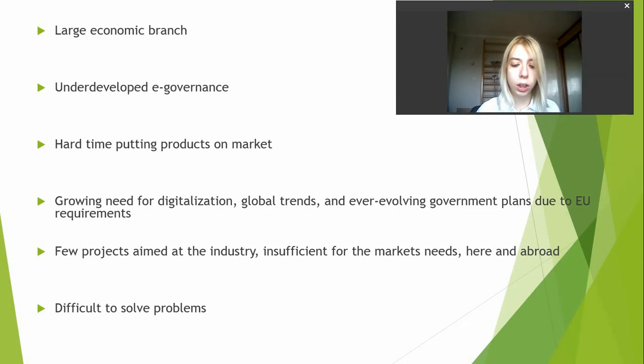Generally, agriculture is a very large economic branch. It is very underdeveloped. The need for digitalization is huge due to the underdeveloped governance and the hard time farmers have putting products on the market. As well, it is very important to say that our day-to-day life has moved to digital platforms, whether that is our smartphone or laptop.